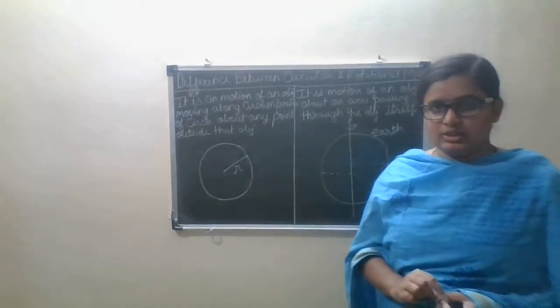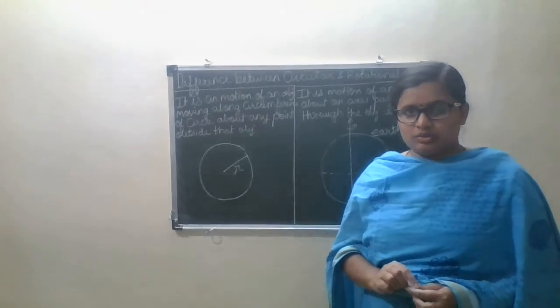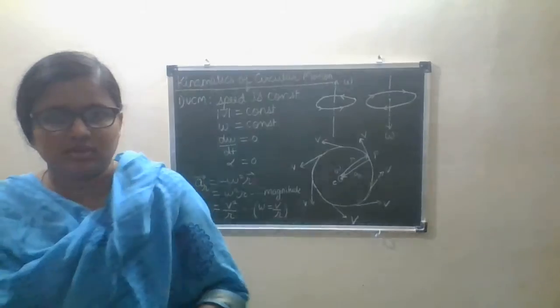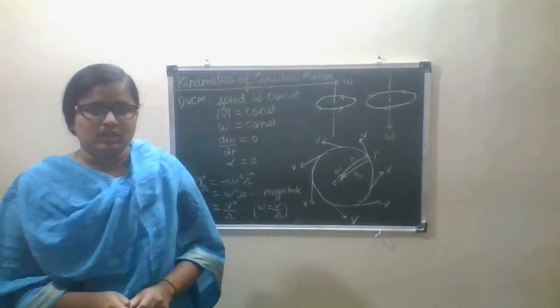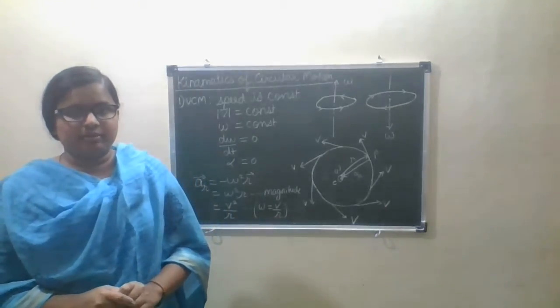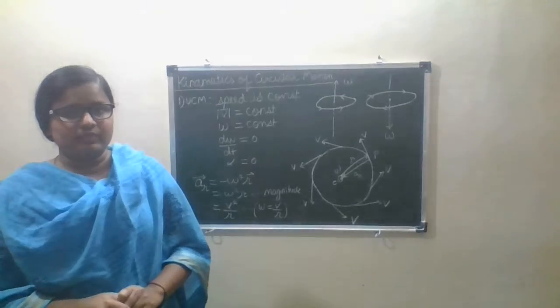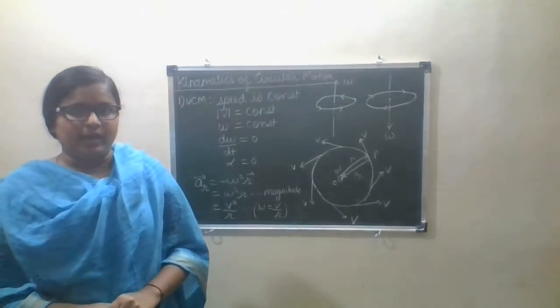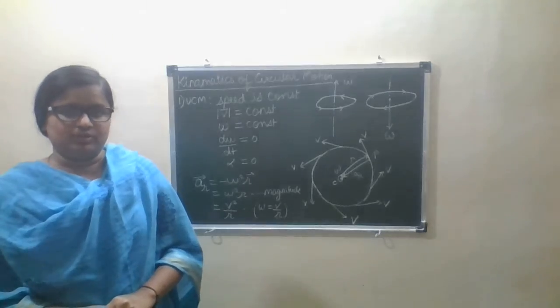Now further we will see the kinematics of circular motion. In the kinematics of circular motion, there are two types: uniform circular motion and non-uniform circular motion.